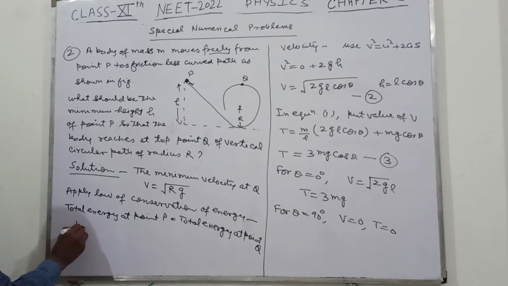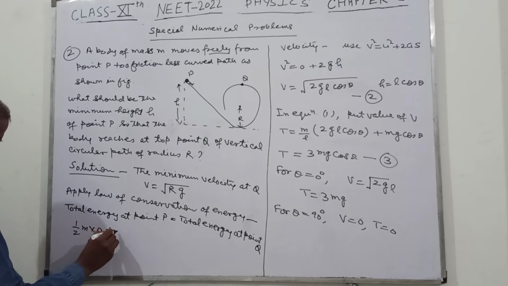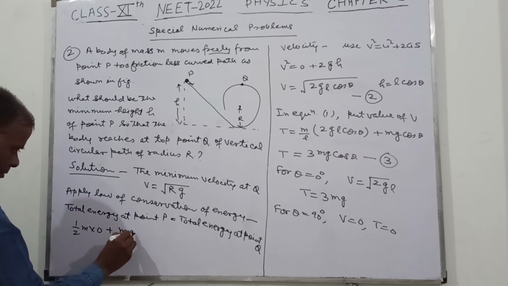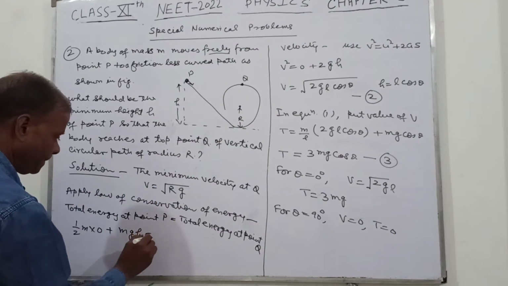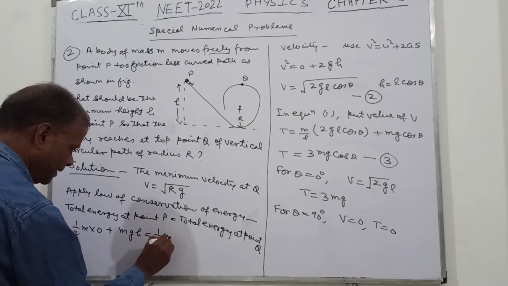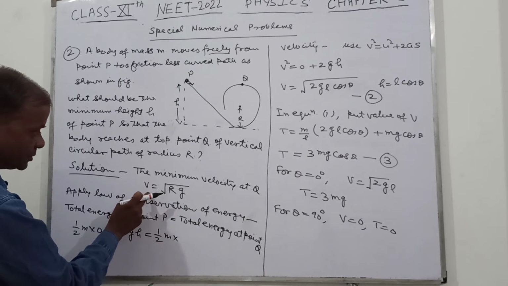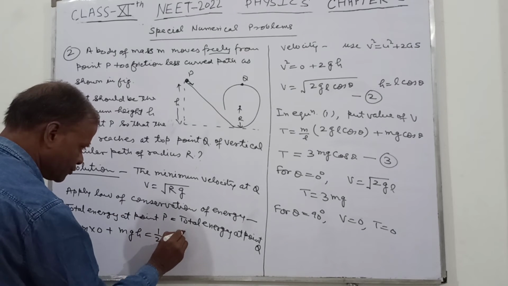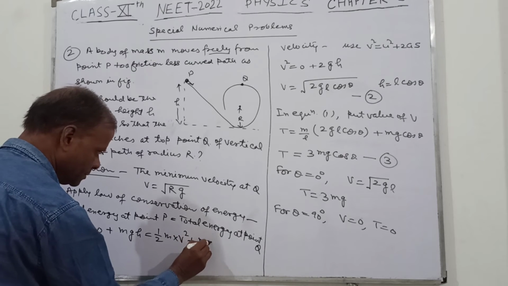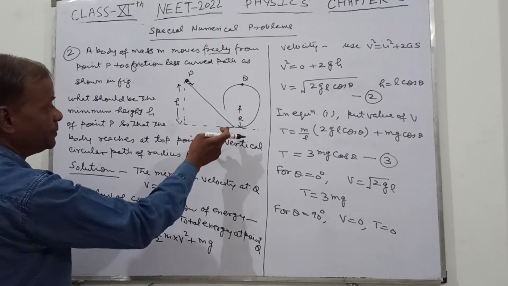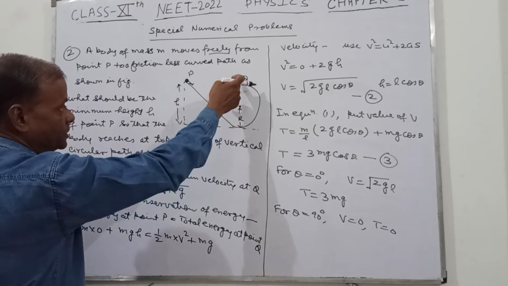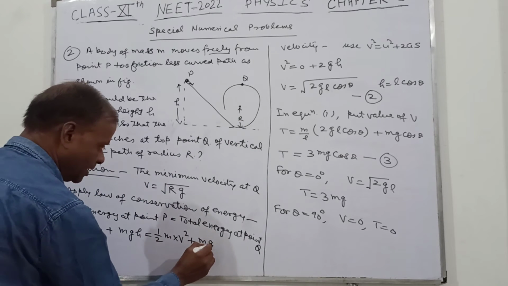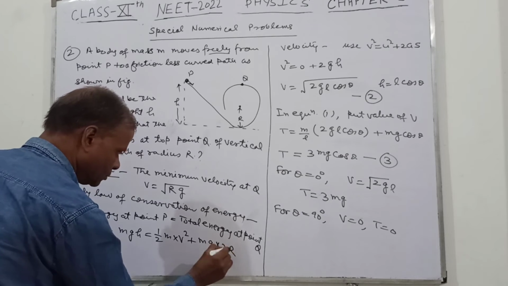So this is half m times 0 plus mgh equal to half m v square plus mg times the height, which will be almost this total radius from this to this one. This is not the radius, it is the diameter, so it is 2r.